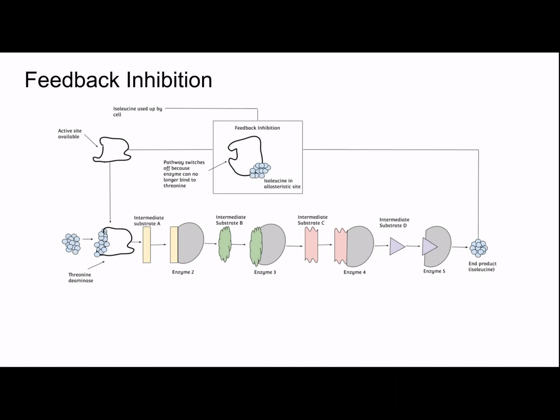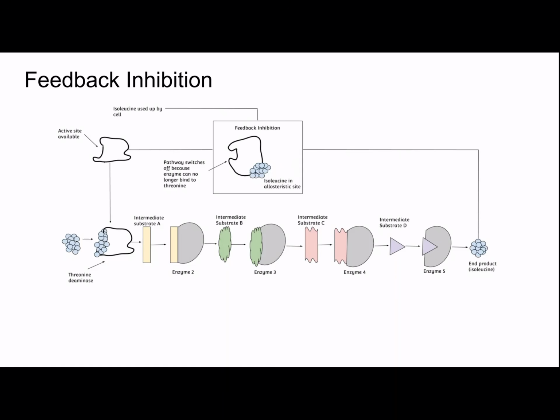So when there's a lot of isoleucine, the isoleucine will come into contact with the enzyme and will bind in the allosteric site, which will basically stop the enzyme from doing this threonine pathway, and it'll stop threonine from being able to bind to that enzyme.